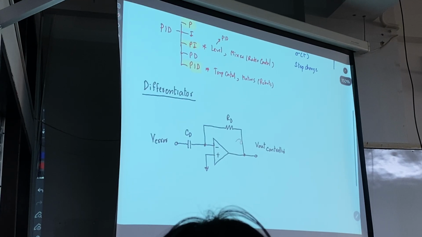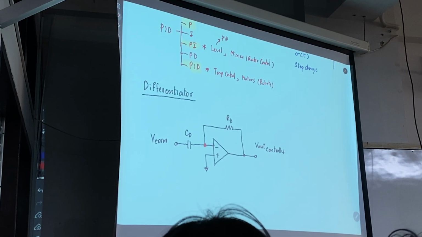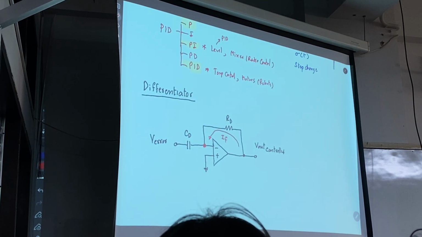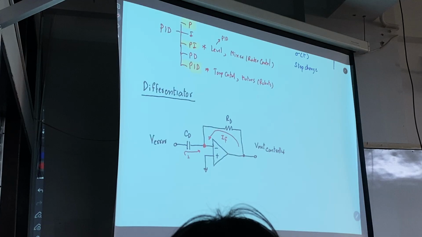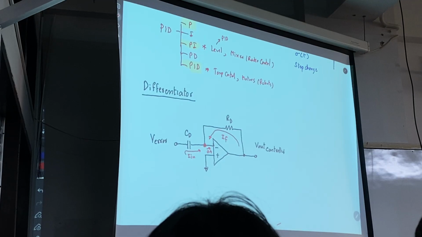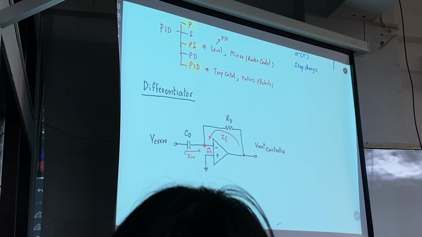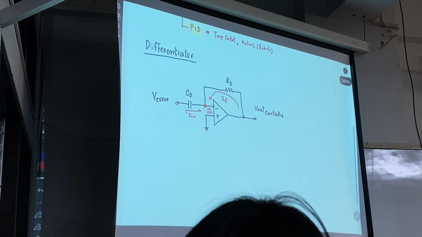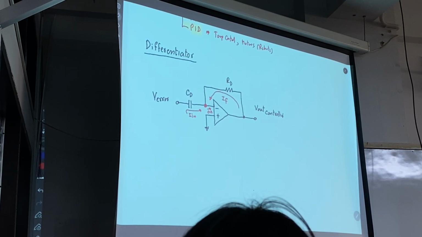Take a close look, and at this point, the virtual ground, you will have IF and you will have IN. The output here has no current consumption, so you have 0 amp. Okay, let's continue.